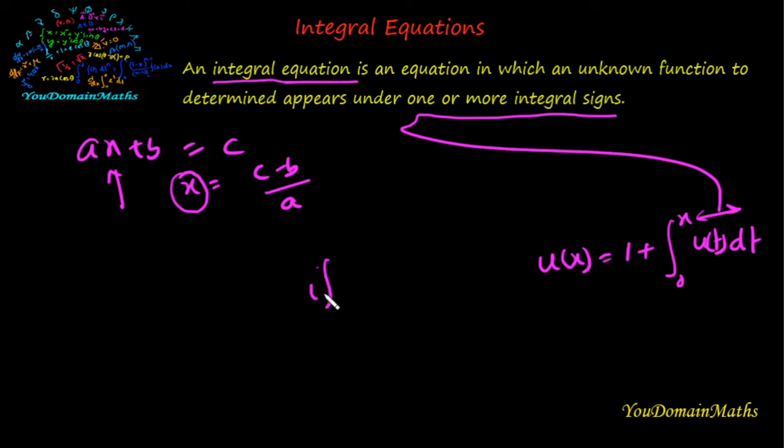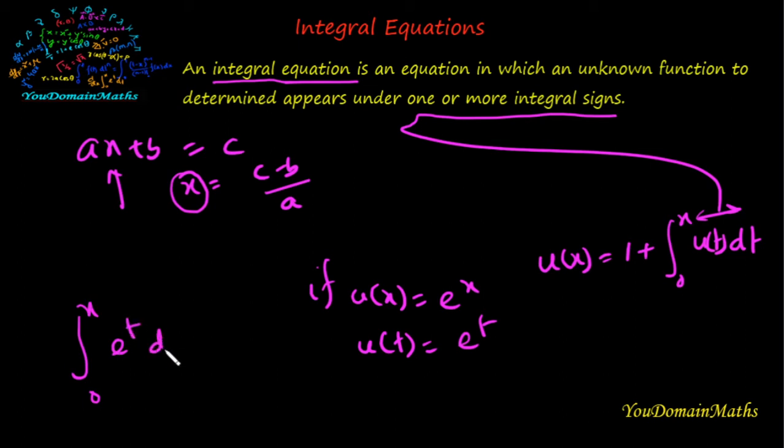If u(x) equals e to the power x, then we can write u(t) equal to e to the power t. Now we integrate from 0 to x of e^t dt and add 1. What is the value of it? Equal to 1 plus, when we integrate e^t, we find e^t from 0 to x.